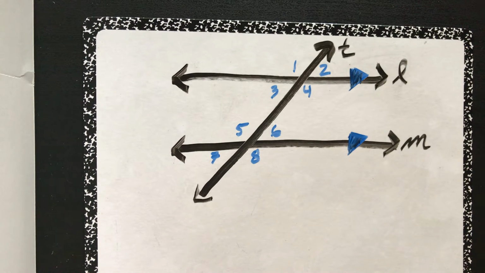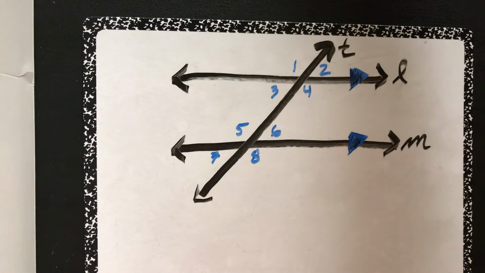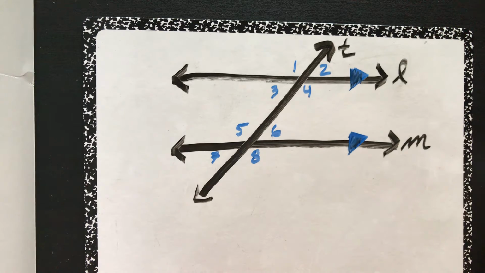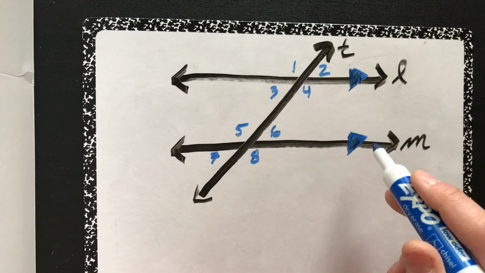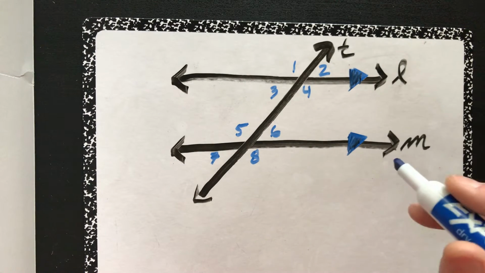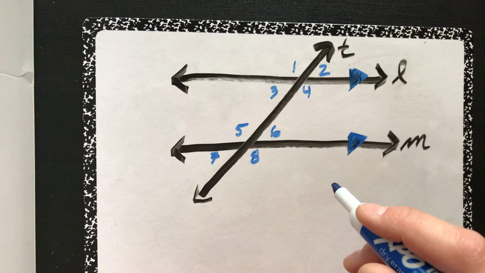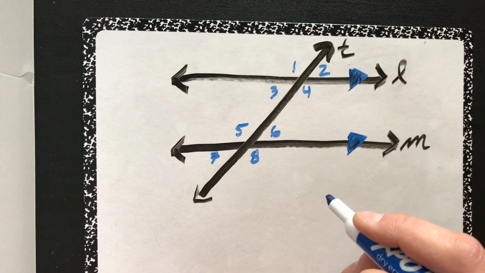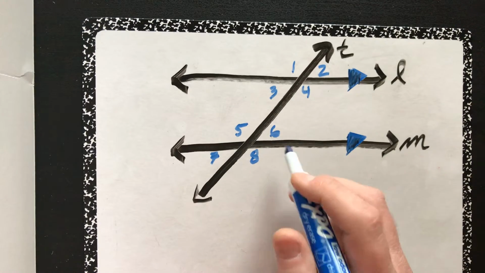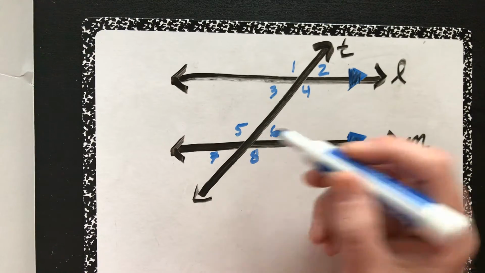Now, the first postulate or theorem says that if a transversal intersects two parallel lines, then same side interior angles are supplementary. So remember, our same side interior angles were 3 and 5.